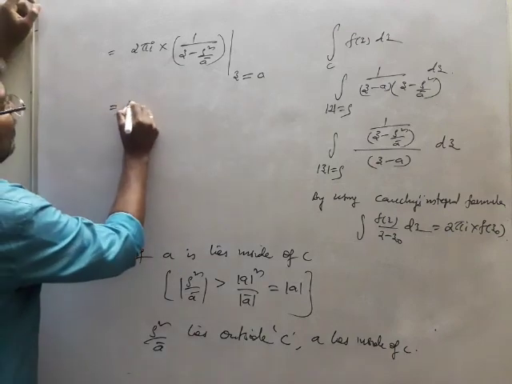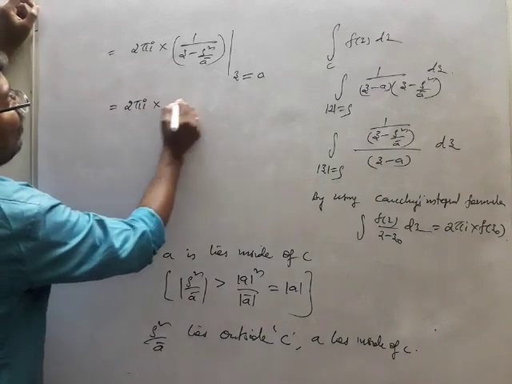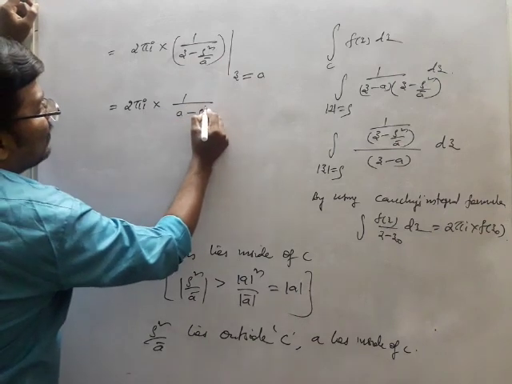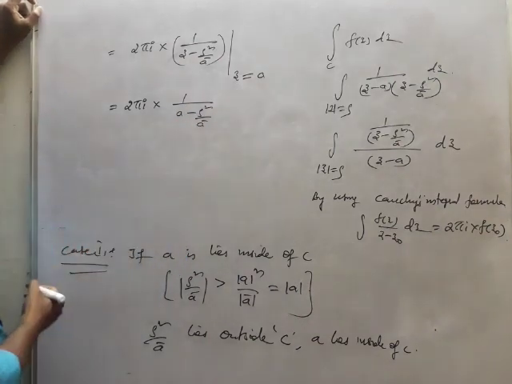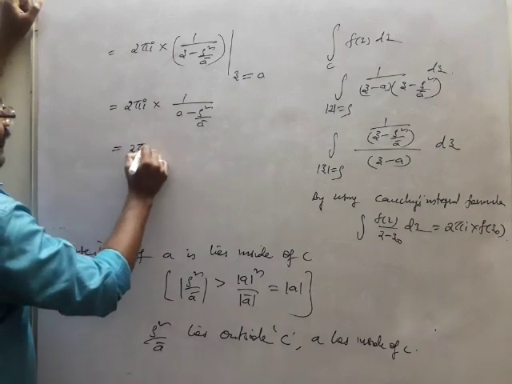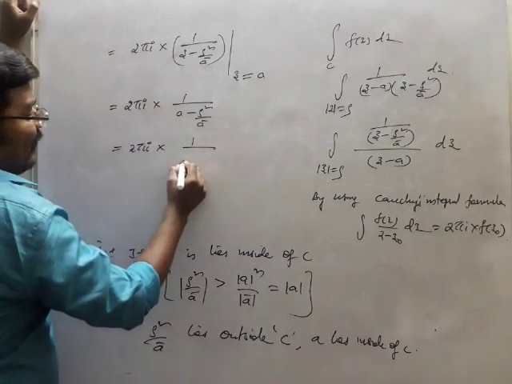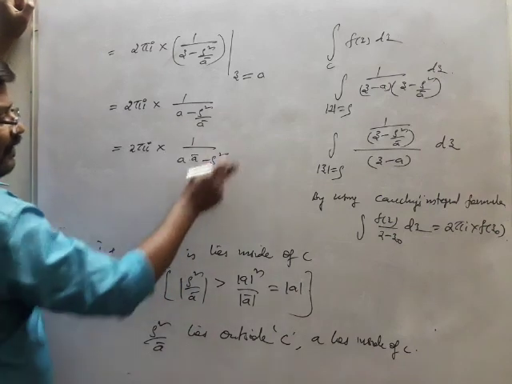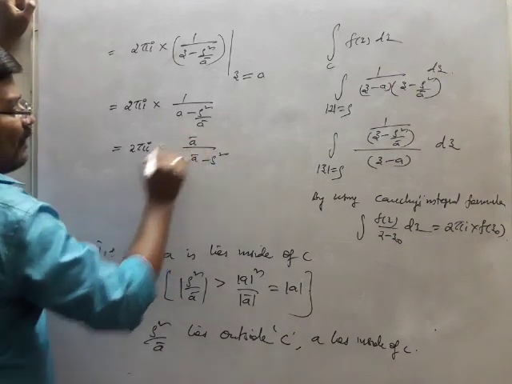So this is 2 pi i into 1 by, now what is the value of z? That is nothing but a minus rho square by a bar. This is 2 pi i into 1 by a bar minus rho square, and the a goes to the numerator. This is a bar.